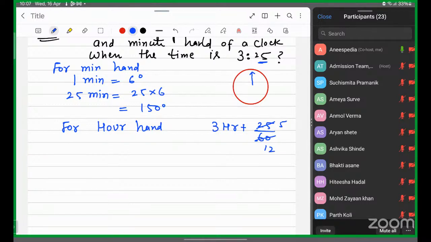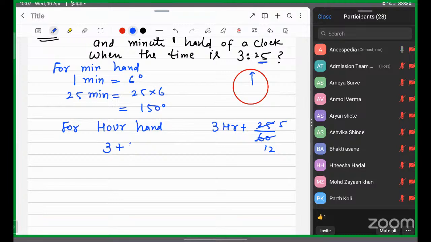Yes or no? So total time we have is 41 by 12.